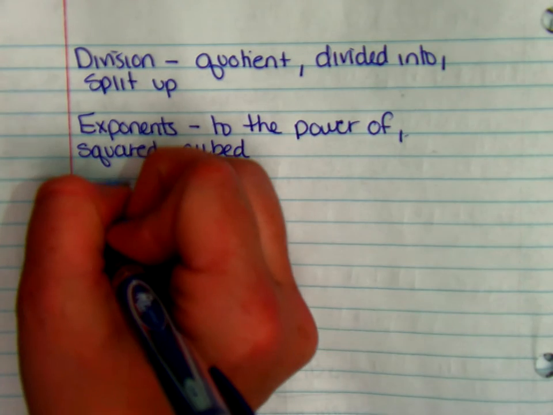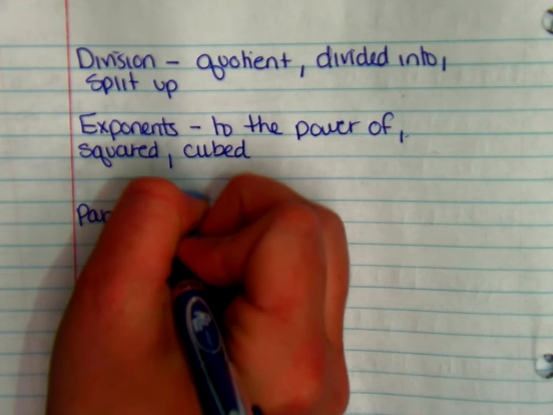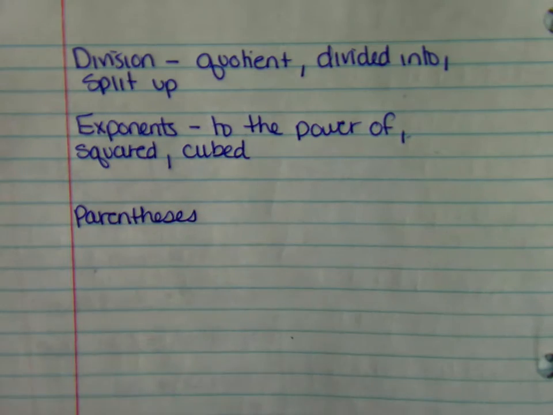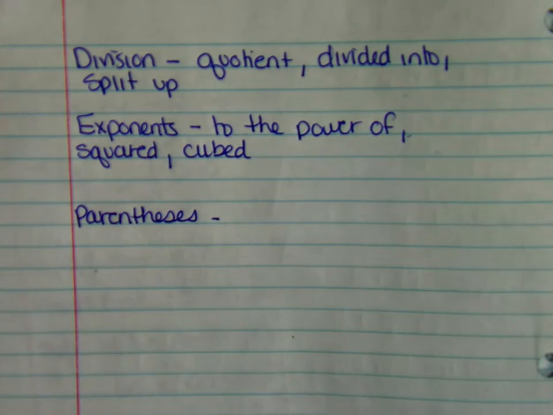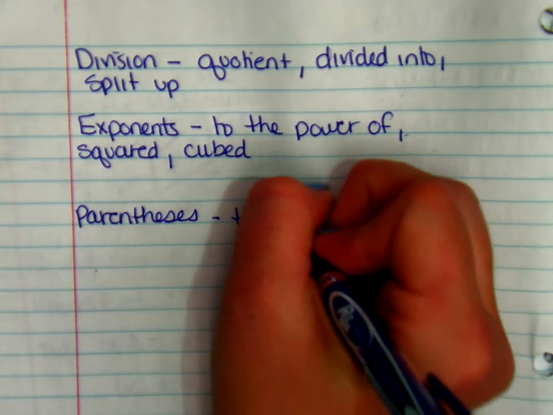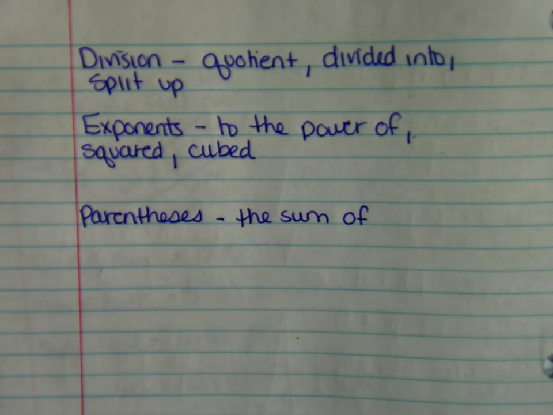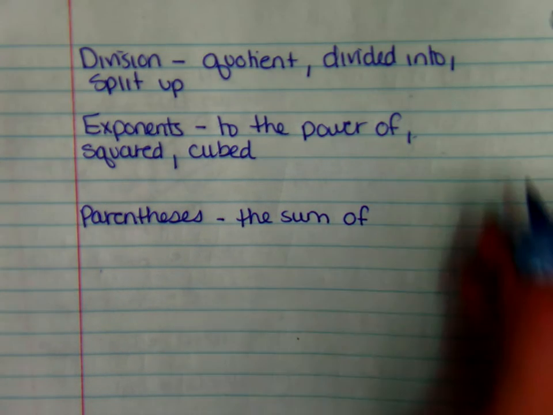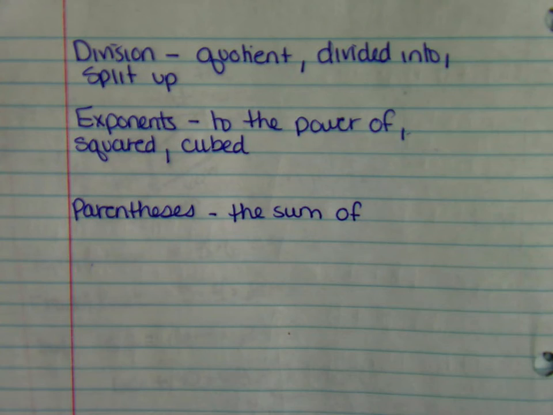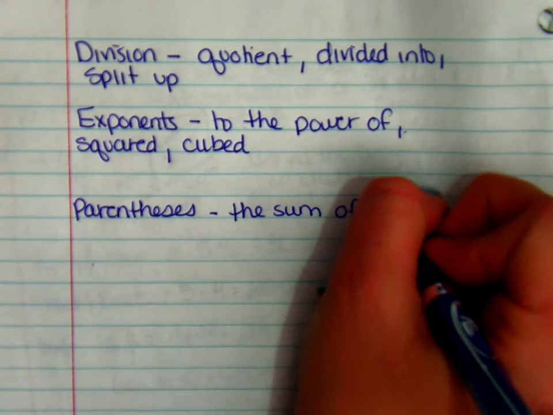And then we also have parentheses. So we know we have parentheses if we have words like the sum of. That tells me I'm going to do that first. The sum of 6 plus 2 multiplied by 3. So I'm going to do 6 and 2 and then multiply by 3. We could also do the product of.